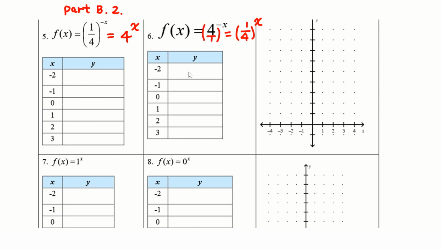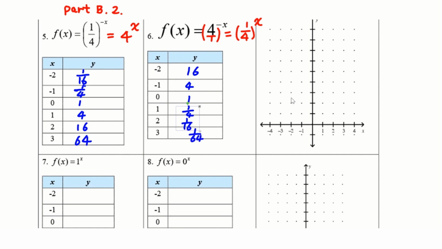So we could sub in for this one 1/16, 1/4, 1, and the exponents here give 4, 16, 64. Then this one is just the flip of that one, so it will be 16, 4, 1, 1/4, 1/16, 1/64.